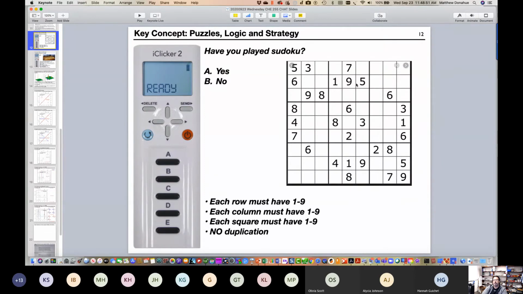So for example, how do you play? Look at this line here, this 9. If we trace this across, this box here does not have a 9 in it yet. So the 9 cannot go there or there. Look at this row. The 9 cannot go anywhere in here. Look at this column. So that blocks this off from being 9.